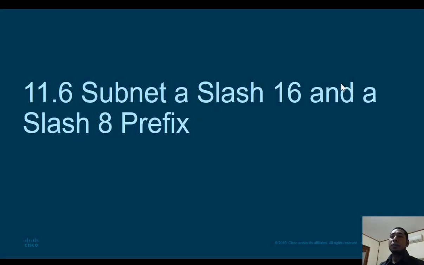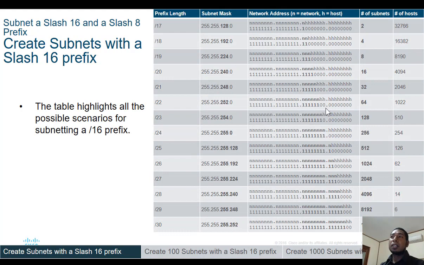The last part of lesson 2 is subnetting a /16 and a /8 prefix, and same concept here. Remember, the key idea here is for us to find the boundary. If we're creating subnets with a /16 prefix, we don't touch half of the octets.